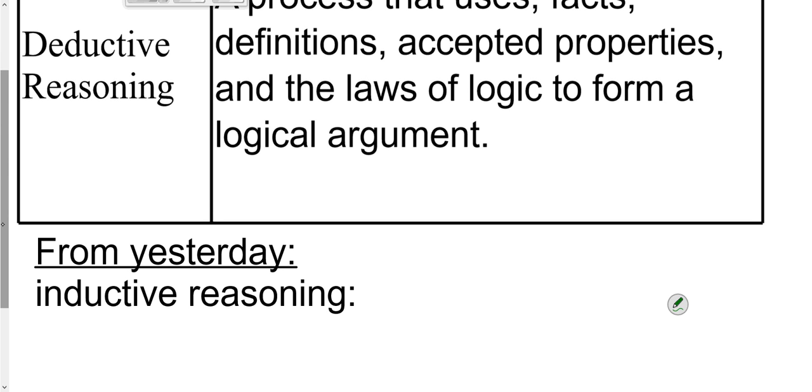And in comparison, from yesterday, inductive reasoning was coming up with a conjecture formed or based off of patterns.